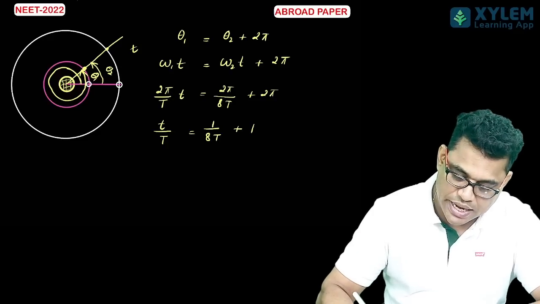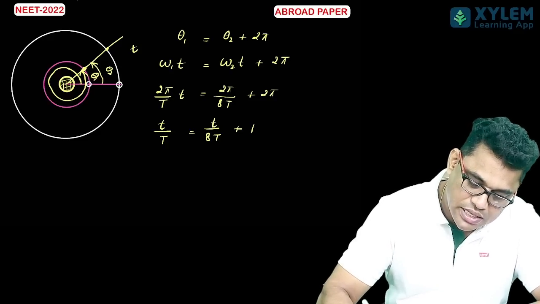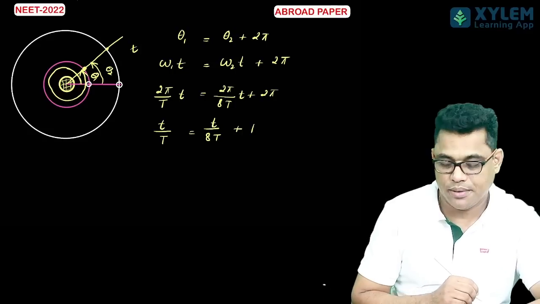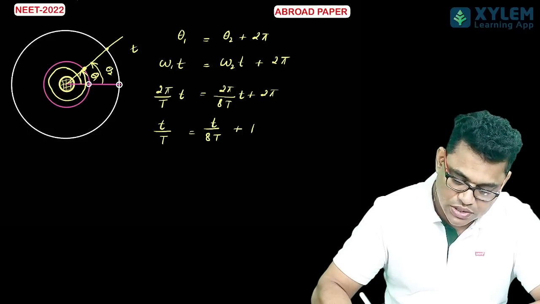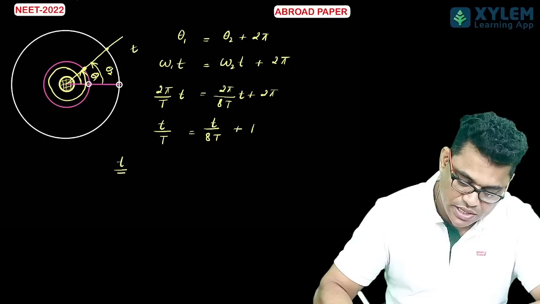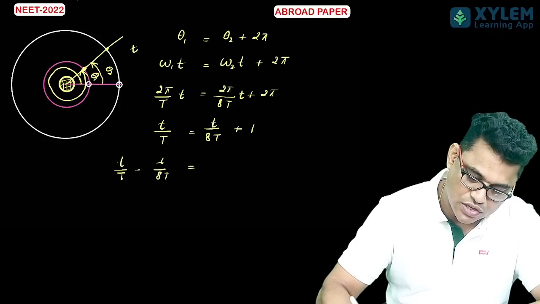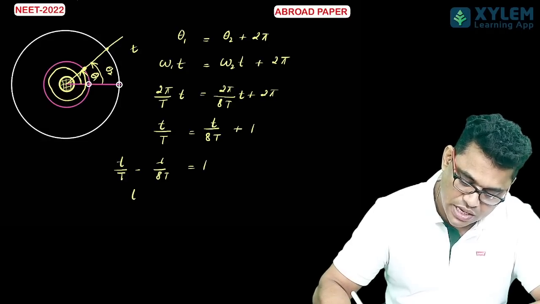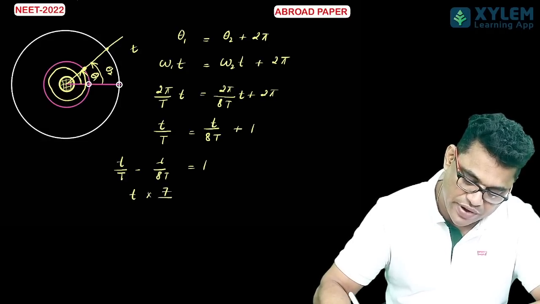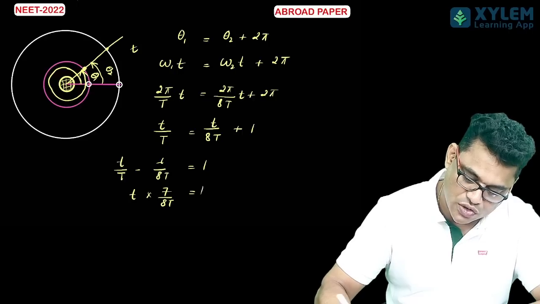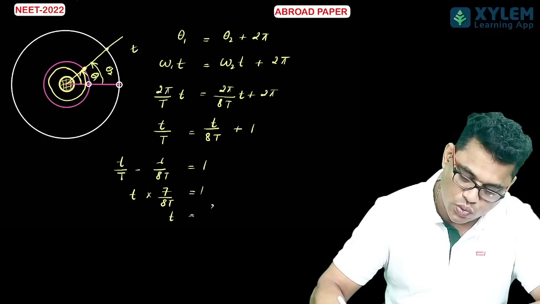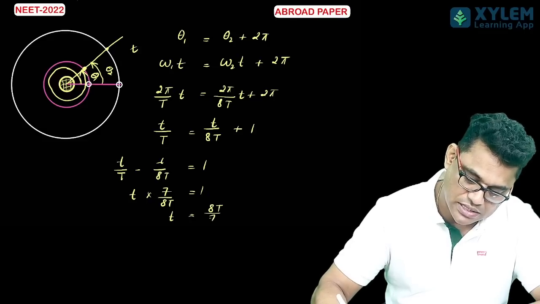Bring this to this side: t divided by T minus t divided by 8T is equal to 1. Therefore, t into 7 divided by 8T is equal to 1. Therefore, t is equal to 8T divided by 7.